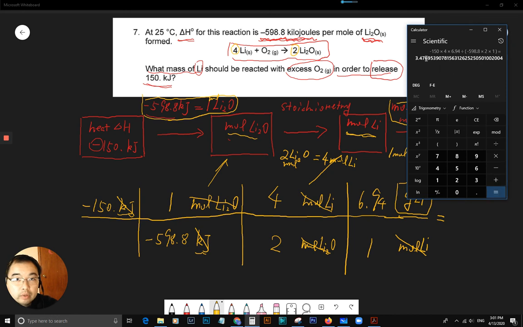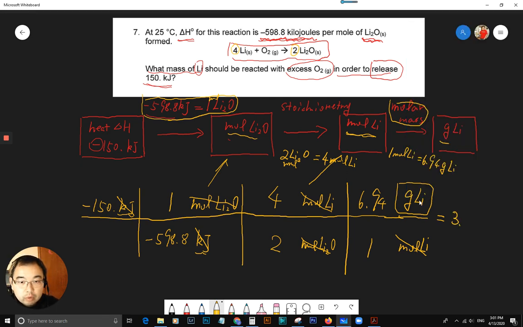So the number is 3.477 gram of the lithium.